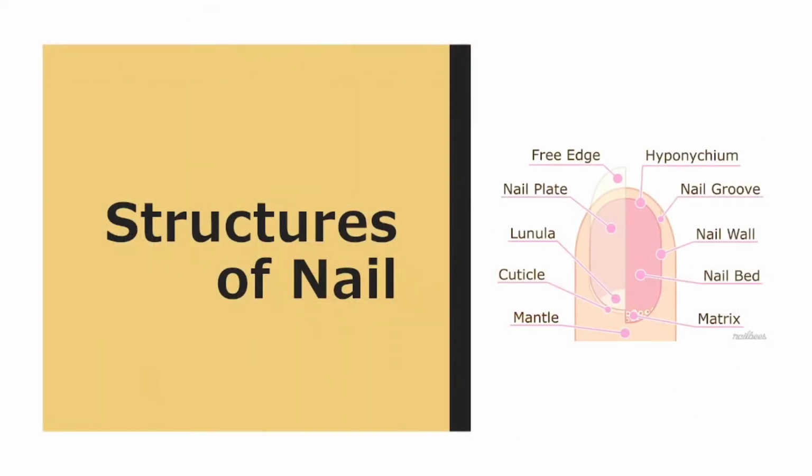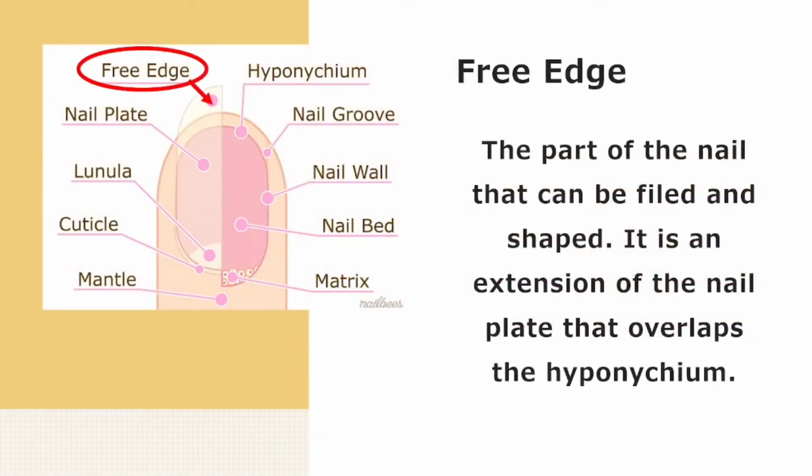Here are the structures of nail. First, free edge. The part of the nail that can be filed and shaped. It is an extension of the nail plate that overlaps the hyponychium.